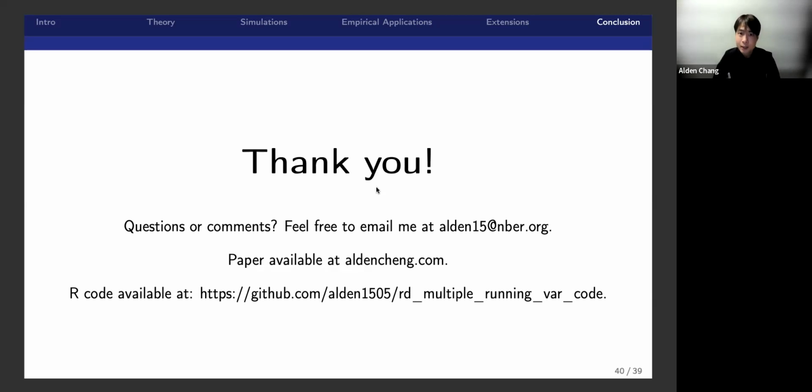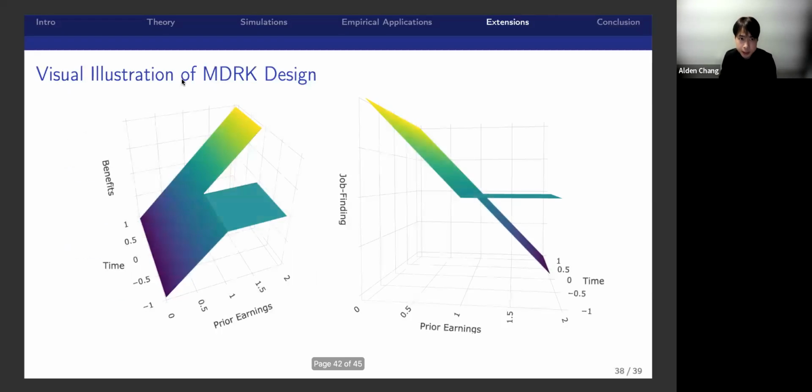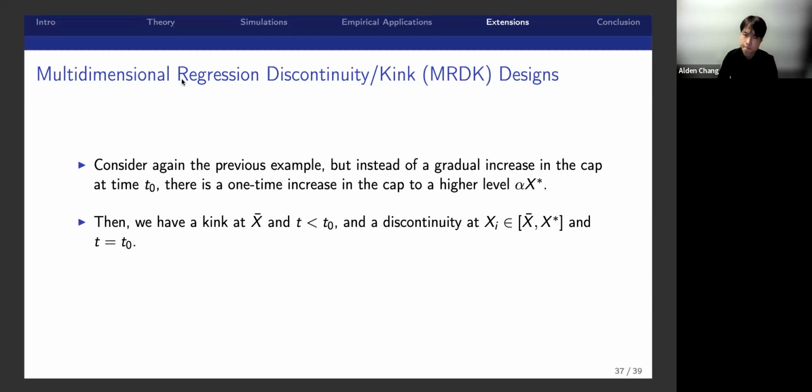Okay, so there's a question about whether the MRDK design is appropriate when the data is censored. I am assuming this is asking about when the outcome variable is censored.